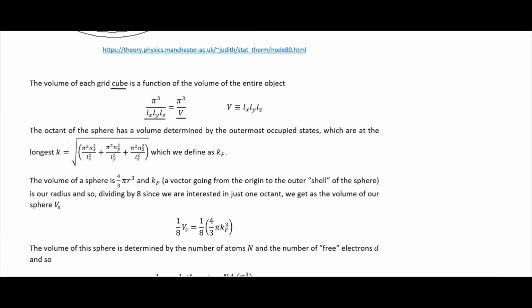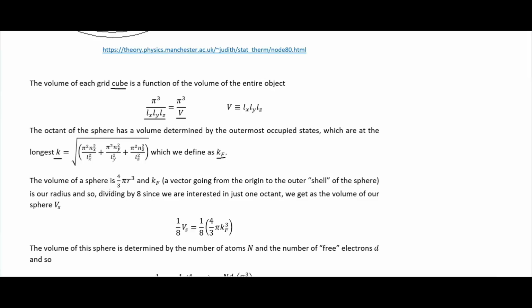And so the octant of the sphere has a volume determined by the outermost states, which are the longest k values, and we will define those as k subscript F, which will make sense here in a little while why we put that capital F down there.